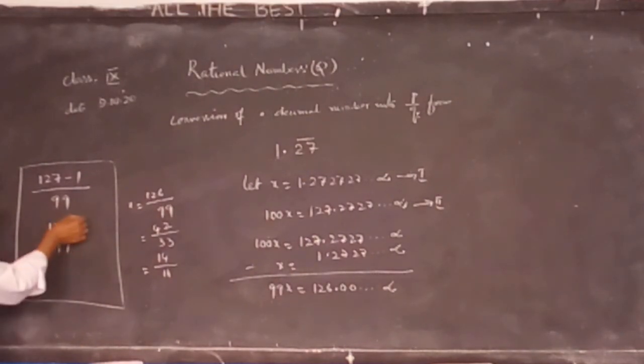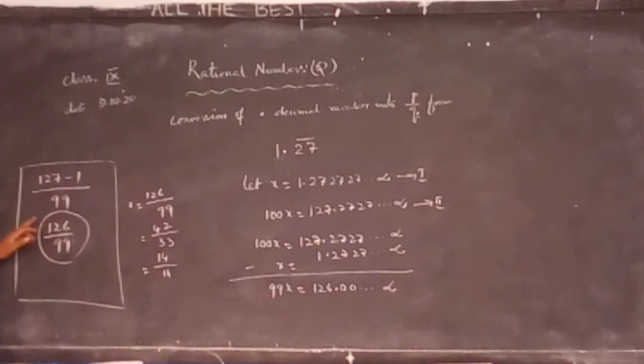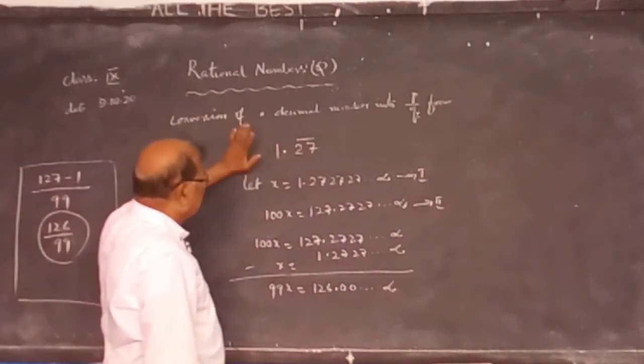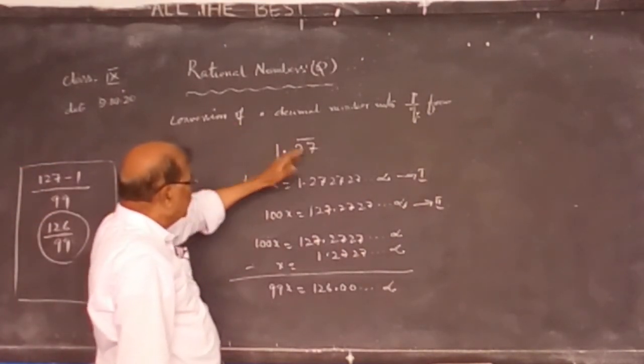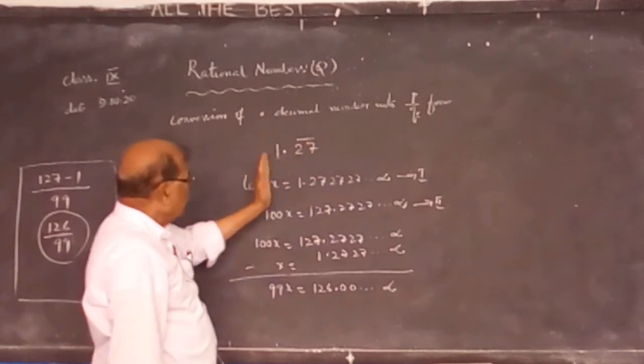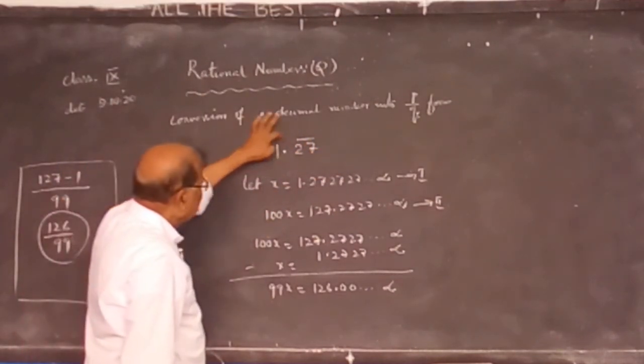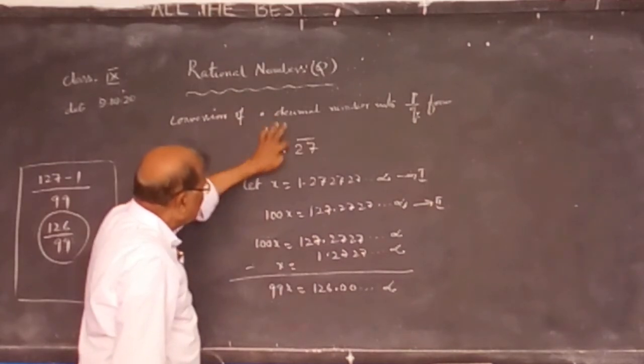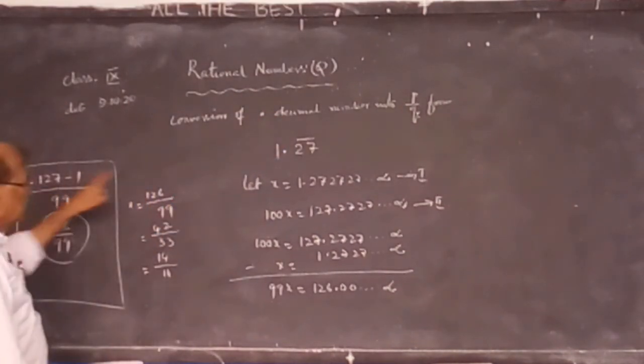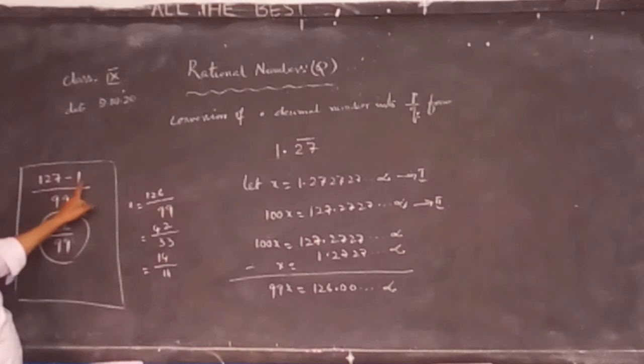Suppose it comes as an objective-type question, you can do it like this. Take the number as it is: instead of 1.2727 recurring, take it as 127 and subtract the integral part which is not recurring. 127 minus 1. Understand?